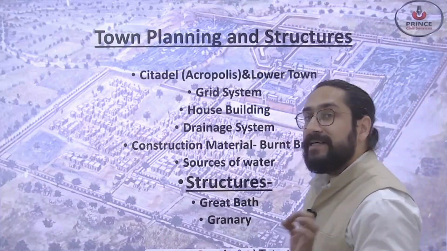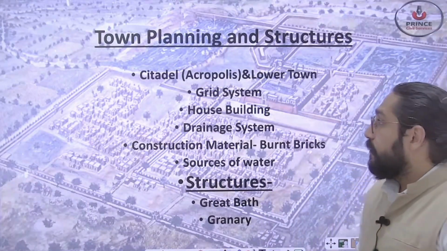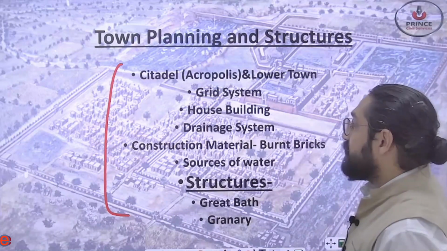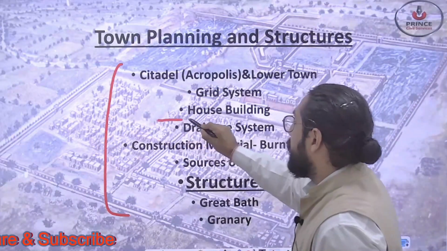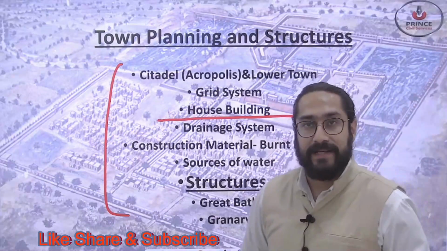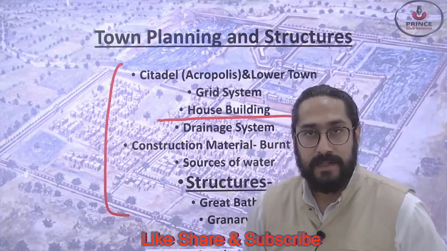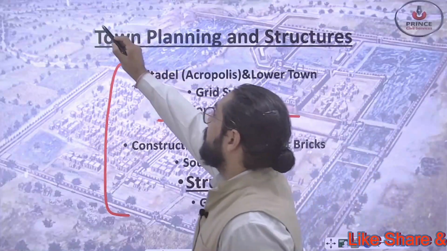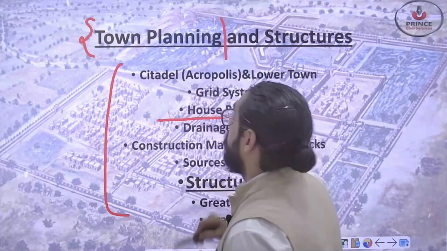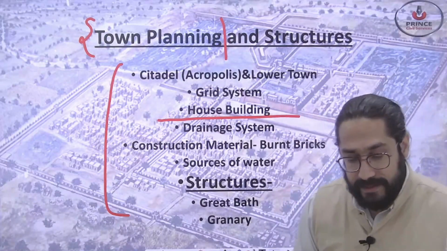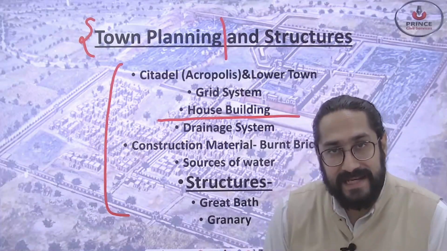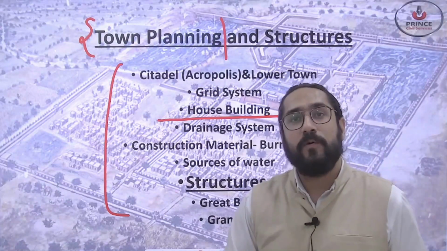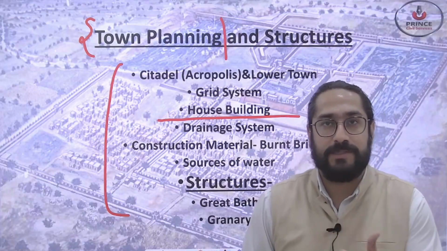Now, under town planning, we need to cover all these topics. Since this is part 1, we are going to discuss up to house building, how their houses were. So let's start. First of all, you should know what town planning is. Basically, town planning is the systematized, planned structure or construction of any town and the maintenance of those structures.